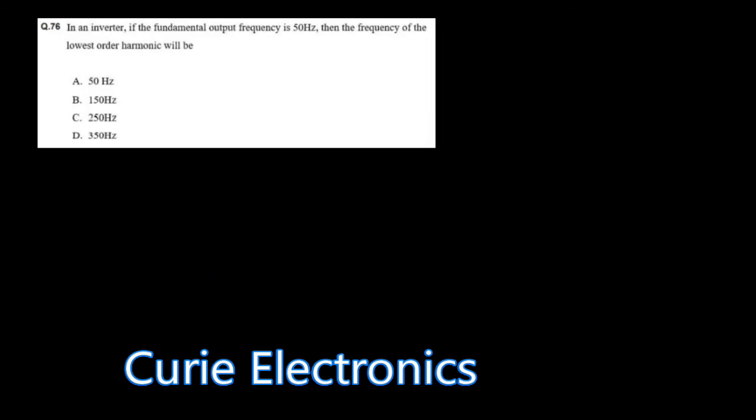In an inverter, if the fundamental output frequency is 50 Hz, then the frequency of the lowest order harmonic will be? The fundamental frequency is 50 Hz, so the next harmonics should be 2F, then 3F, 4F, like that.